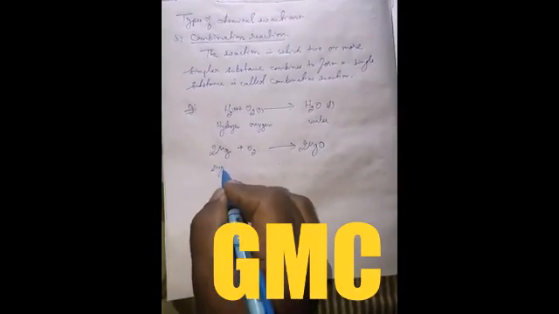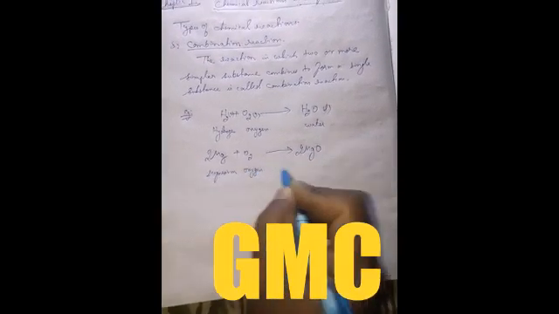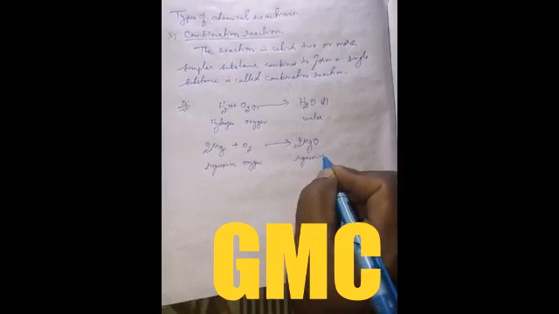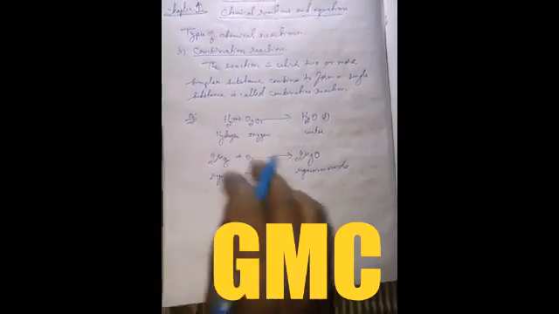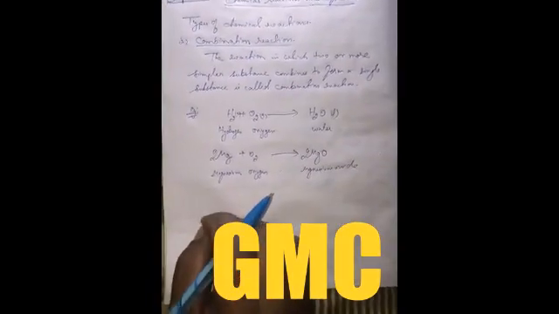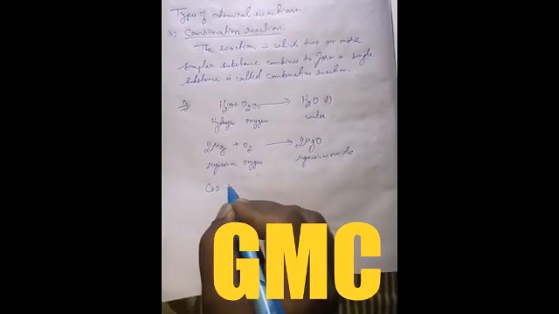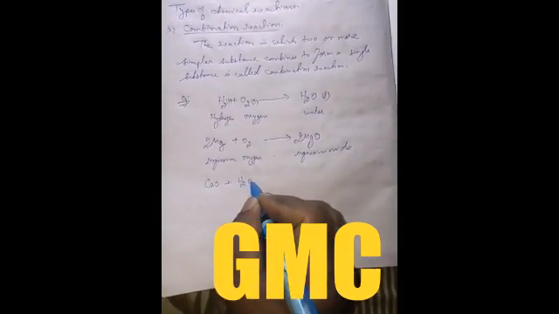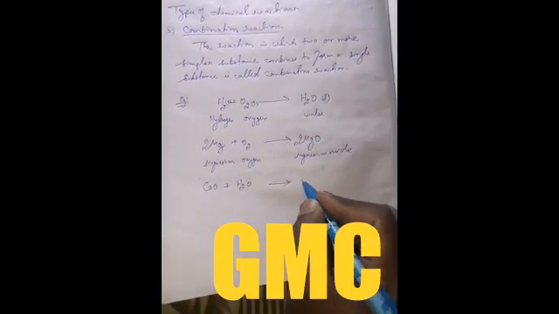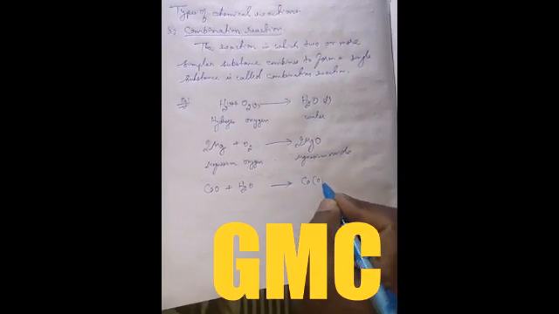So magnesium reacts with oxygen to form magnesium oxide. This is also a combination reaction. Here two substances combine to form a single substance. Similarly, calcium oxide, called quicklime, reacts with water to form slaked lime, that is calcium hydroxide.